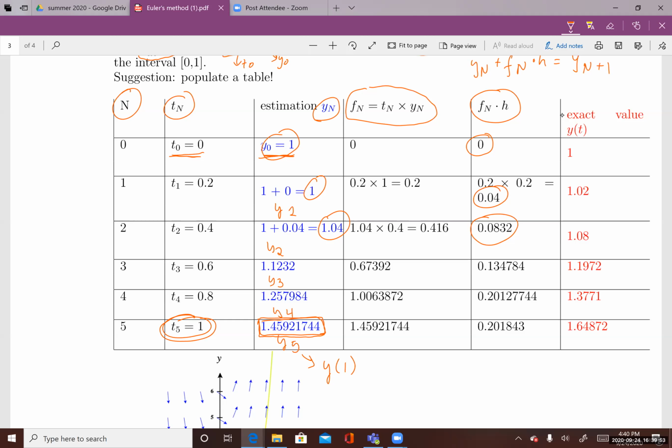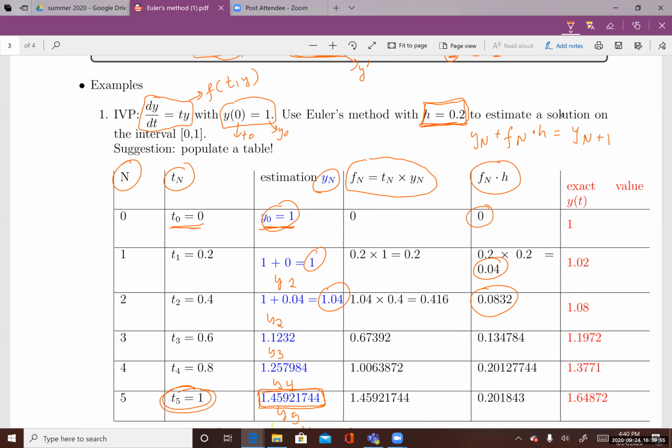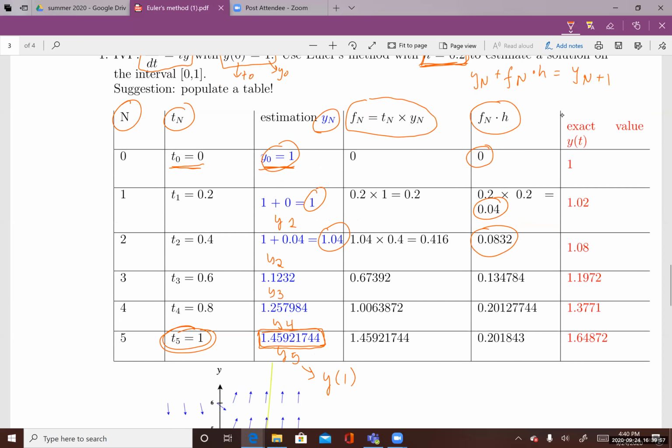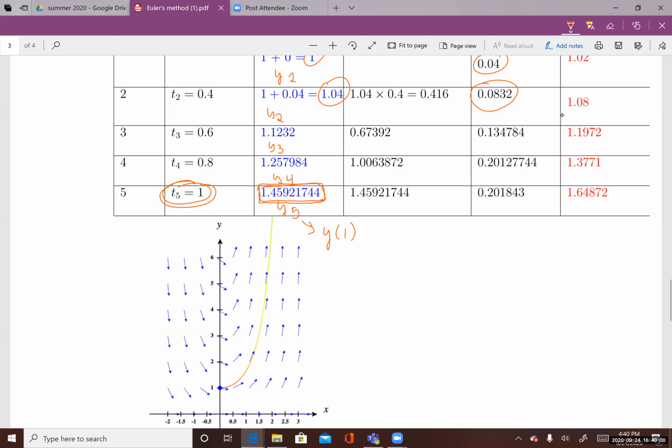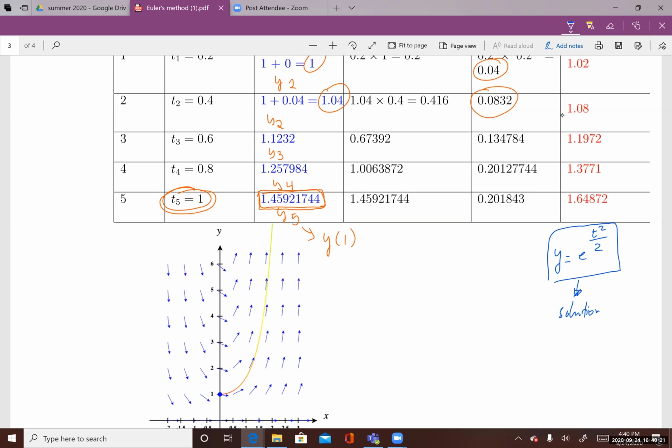Well, luckily, this differential equation, this IVP, is simple enough that I can find the real, explicit solution for this differential equation, which is y equals e to the t squared over 2. So this is the real solution of this differential equation.